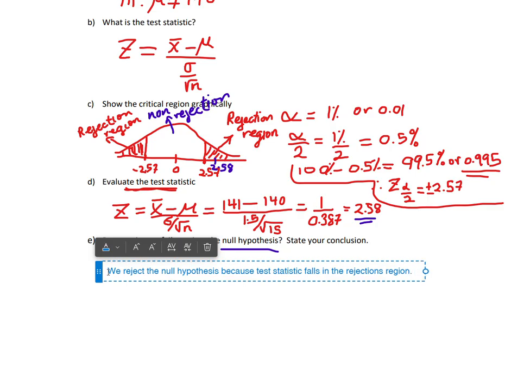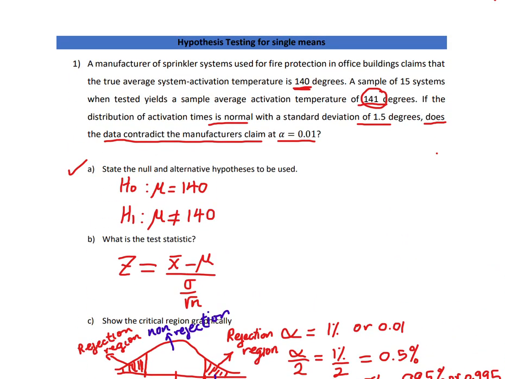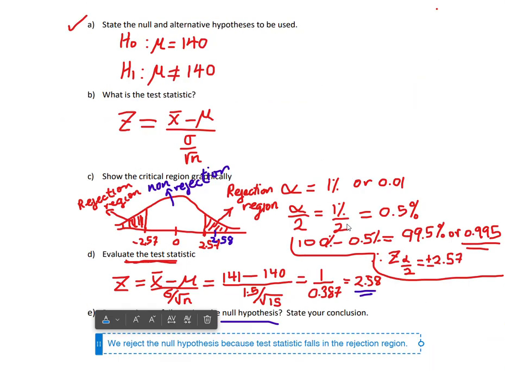In other words, once the absolute value of the test statistic is greater than the critical value, we reject the null hypothesis. So if we are rejecting the null hypothesis, it means that there is enough evidence to support the notion here that the data from the sample contradicts the manufacturer's claim at the 1% level of significance.